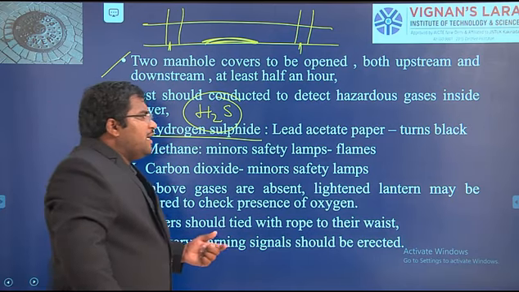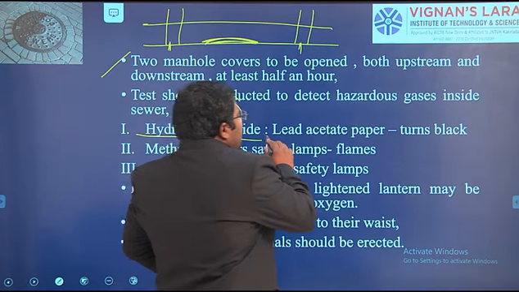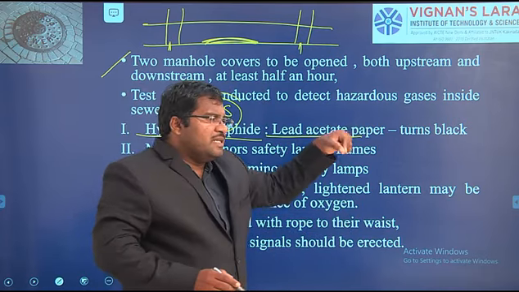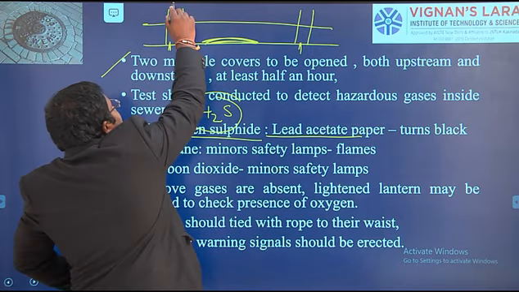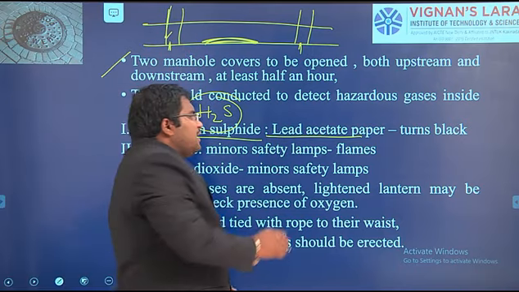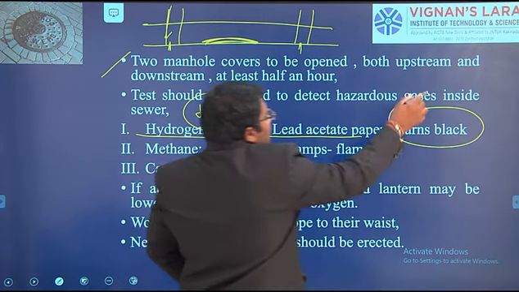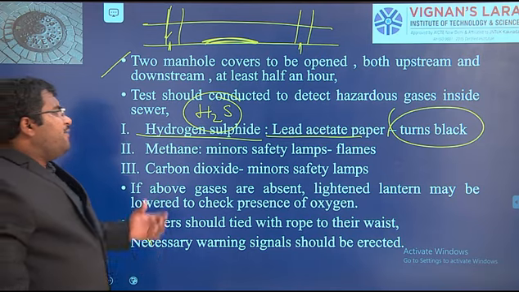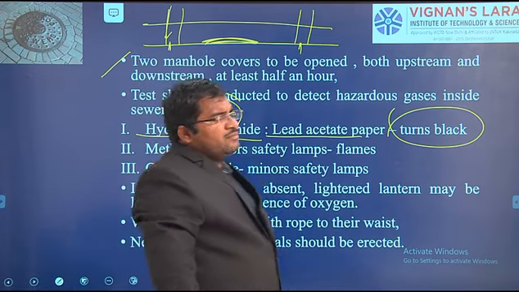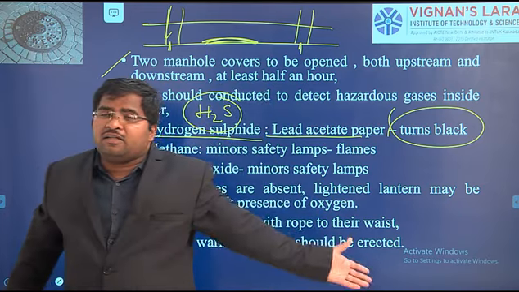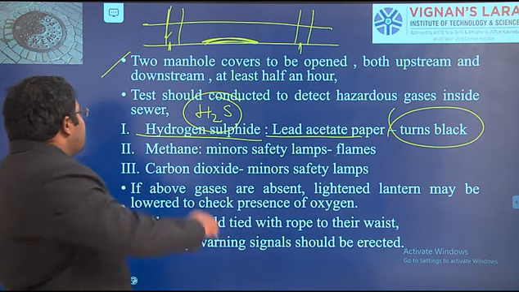We take a paper dipped in lead acetate and keep it inside the sewer pipeline. If there is any H2S gas, the paper will turn black. If it turns black, H2S is present. If it does not turn, there is no H2S.